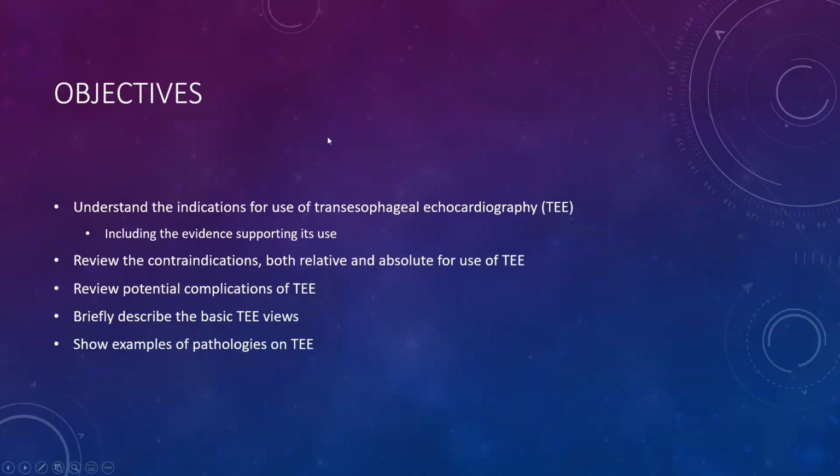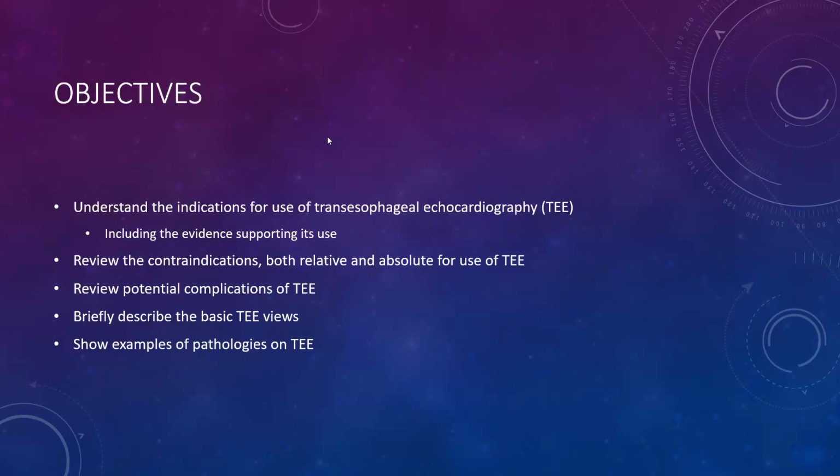Here are our objectives for today. We'll talk about the indications for using TEE, including some of the evidence supporting its use, particularly in a rescue setting. We'll talk about the contraindications, relative and absolute, for TEE. We'll look at some of those potential complications that you do have to be wary of before putting a probe in someone.